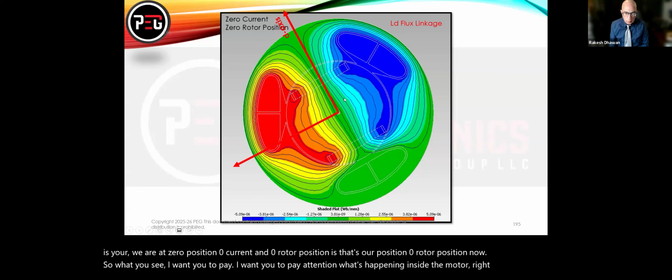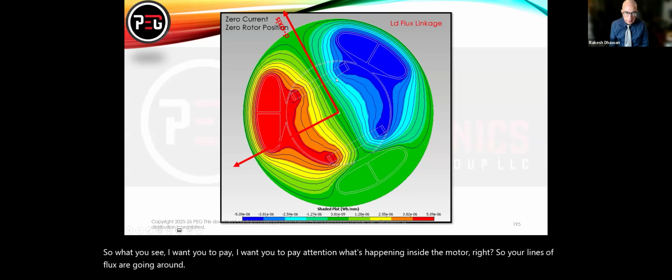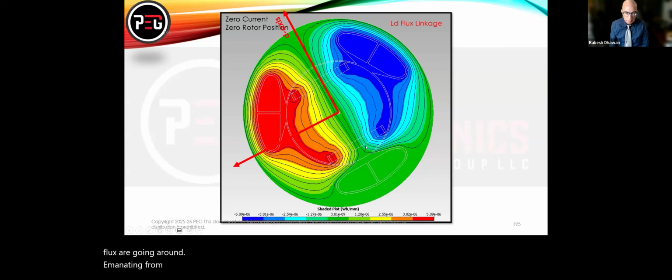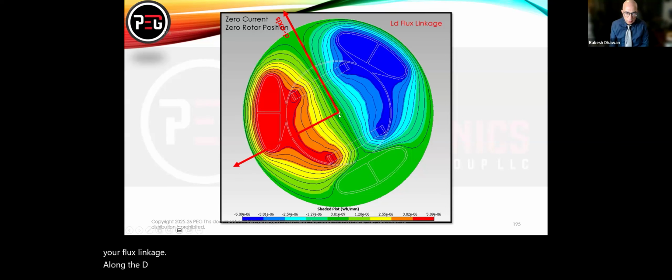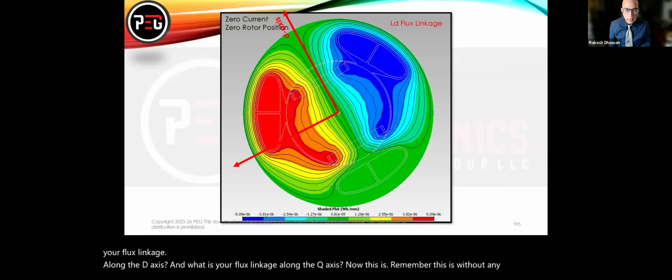So your lines of flux are going around, emanating from the magnets and coming back. So these are closed loop lines of flux. And you would see what your flux linkage is along the d-axis and along the q-axis. Remember, this is without any current in the winding.